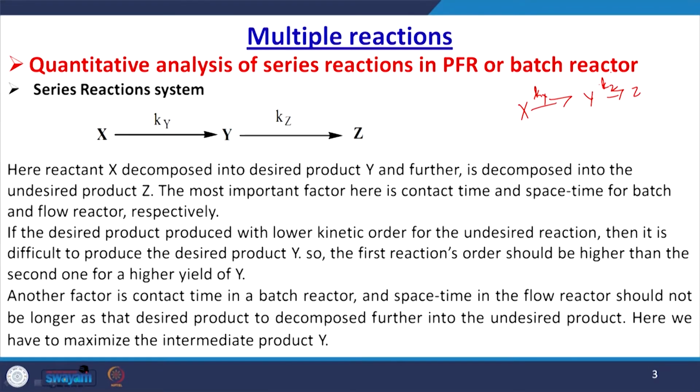If the desired product is produced with a lower kinetic order than the undesired reaction, then it is difficult to produce the desired product Y. So the first reaction's order should be higher than the second one for a higher yield of Y.